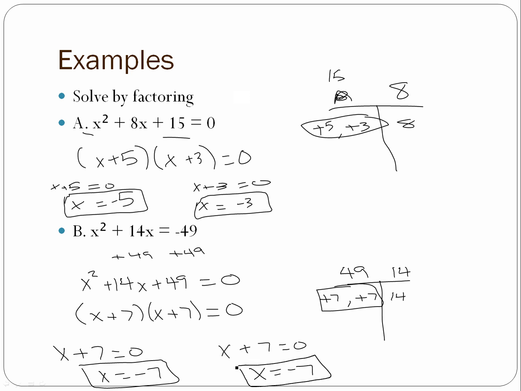Wow. This problem has one answer, just negative 7. And again, like we said, sometimes they can have 2 answers, 1 answer, or no answers. This is a problem that would have 1 answer. And the way we can tell that a little bit earlier in the problem is we had x plus 7 twice. And that's perfectly fine. For our answer here, we would just say the one and only answer is x equals negative 7.